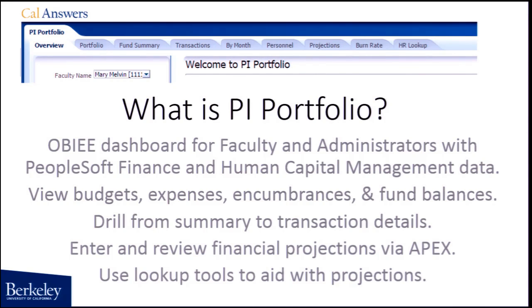What money do I have with no calls against it? What we started with was adding functionality to the first few tabs so that you could see from a summary level down to detail. But then this project, using Apex, we built a form so people could enter and review financial projections. And it's a lot more exciting than just that, as you'll see soon.